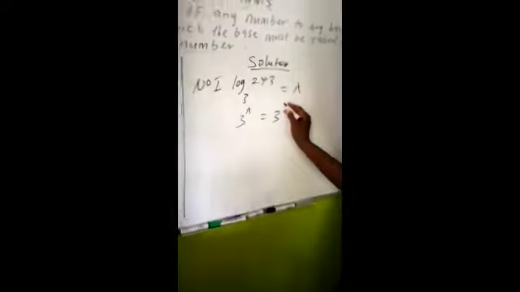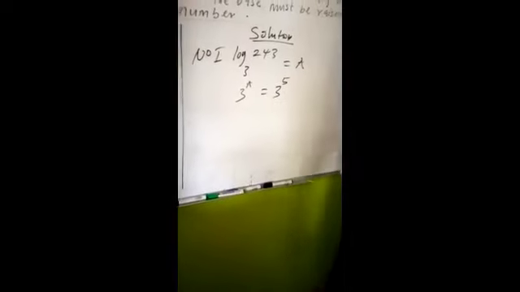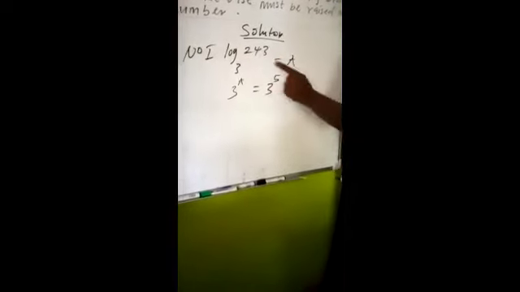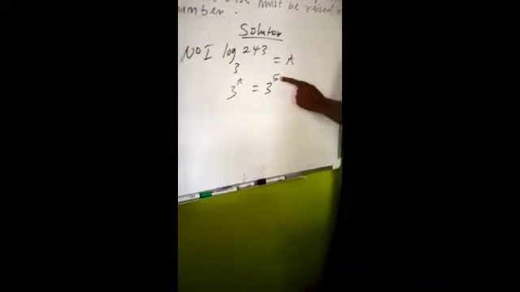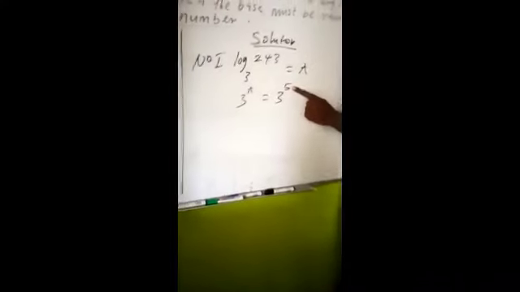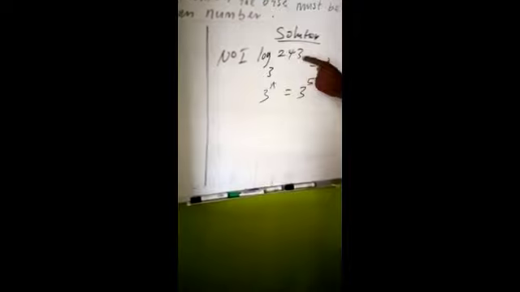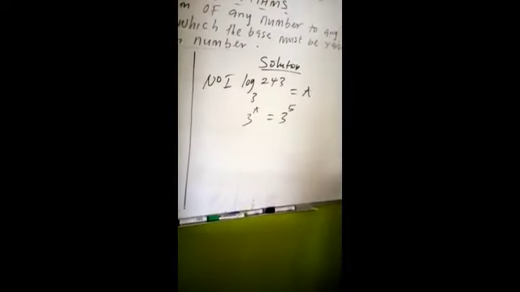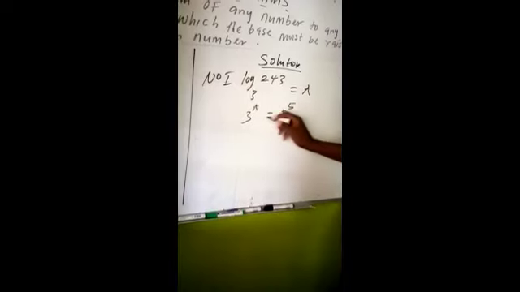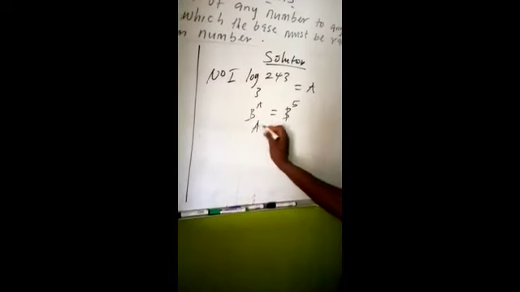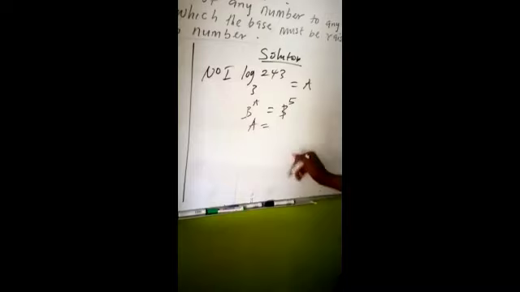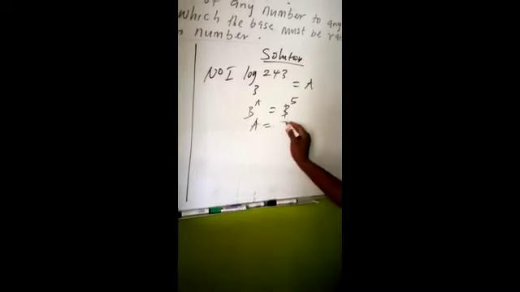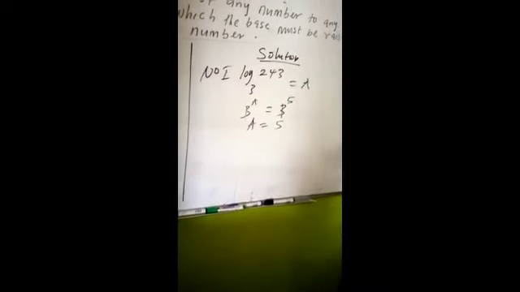So in place of 243 is 3 raised to power 5, by saying 3 times 3 times 3 up to 5 times will give us 243. Then you can see this and this, they are the same base. So when this one cancels this one, A equals 5. So that is for this point.